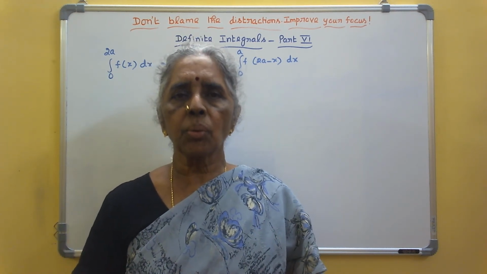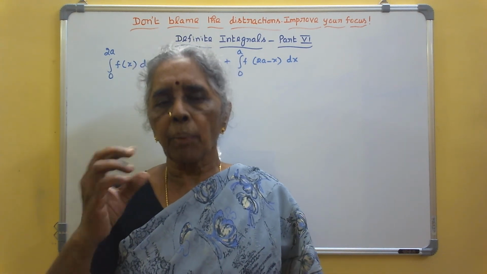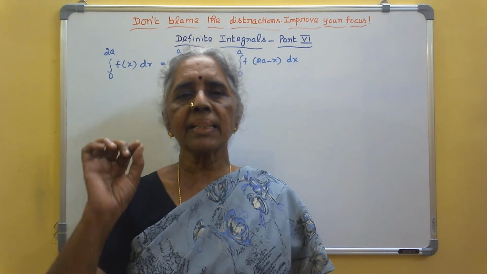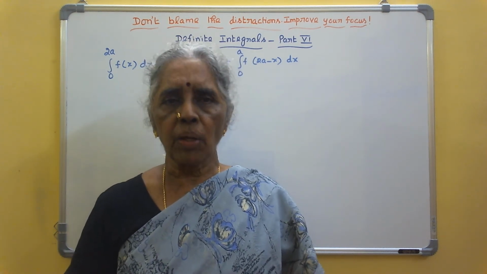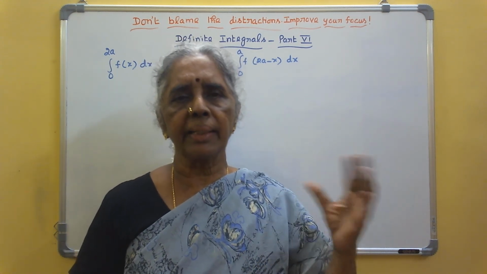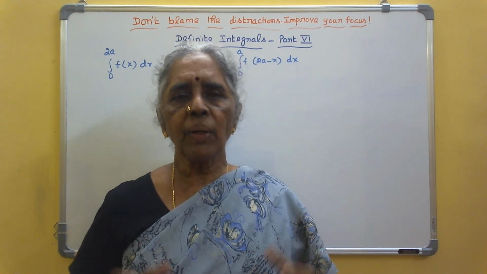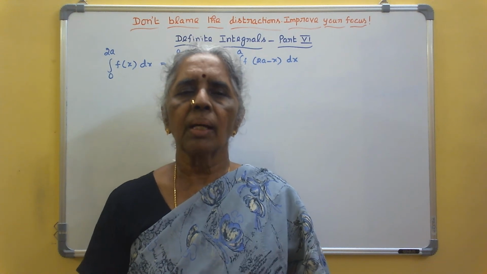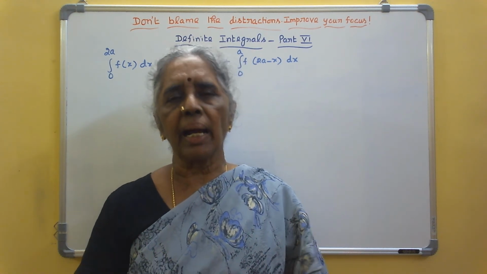We will be using 2 or 3 properties in one single sum. That we will see in the next video. And if possible, let me give you one identification video. Not for all sums I will be able to say, but wherever I can identify the sums, that also I will give you an idea.